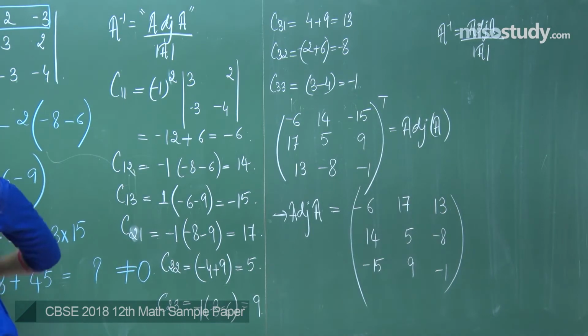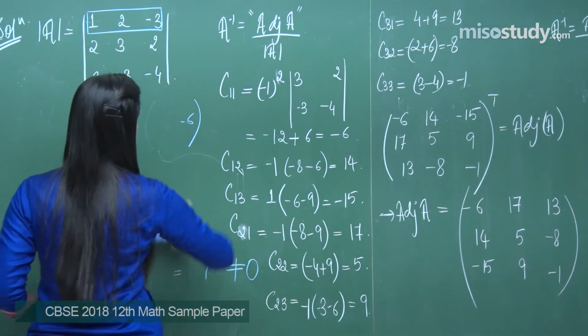Okay, so as we had found, the determinant was coming out to be 67.